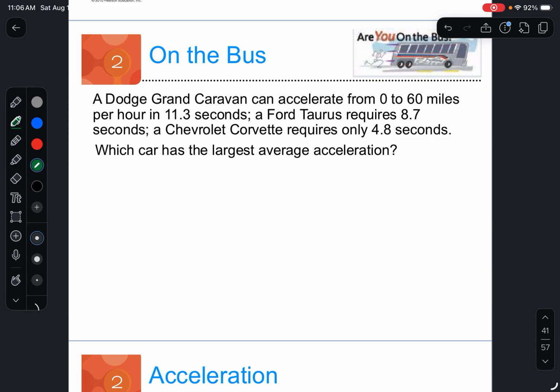You're asked to think about it: which car has the largest average acceleration? Well, the Chevy Corvette has the largest acceleration because it reaches 60 miles per hour in the shortest time interval.